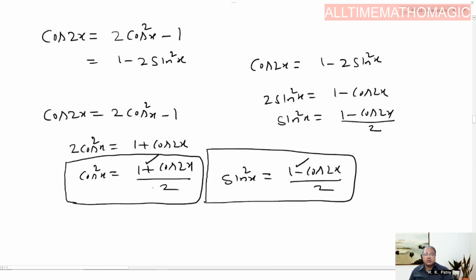Remember that logic. In both formulae the other things are the same: 1 and cos 2x upon 2. The only difference is that in the case of cos square x there is a plus, and in the case of sin square x there is a minus. Now let us do some integration problems based on sin square x and cos square x.